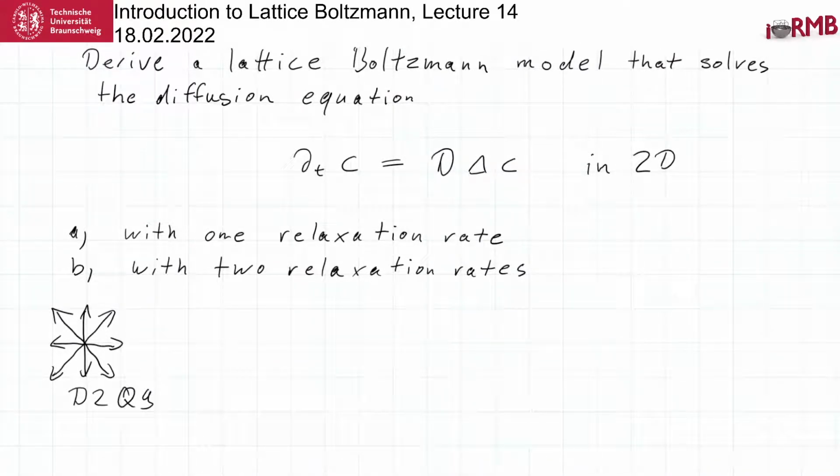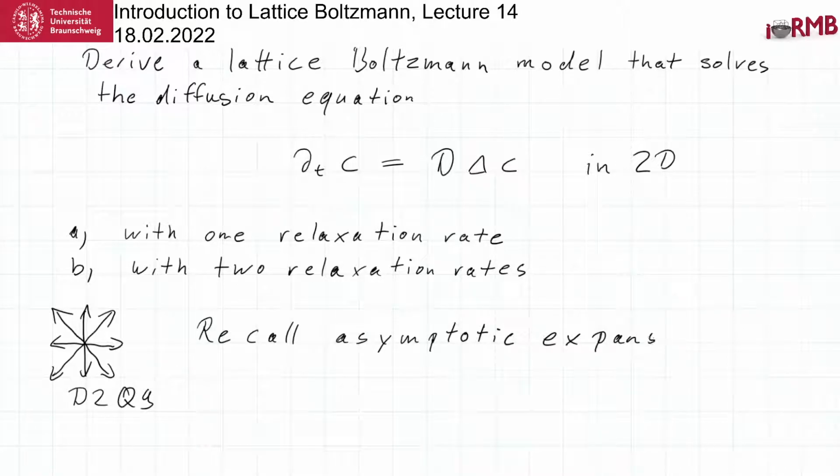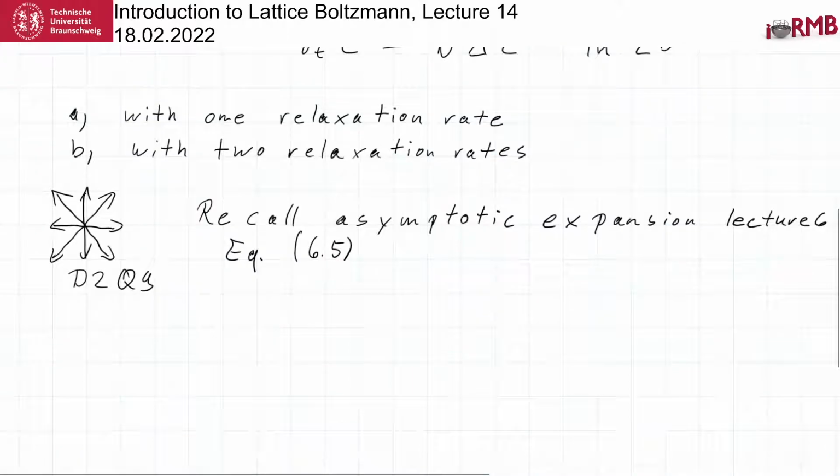And now, for deriving a model, we have to recall what we learned in lecture 6, the asymptotic expansion. In lecture 6 it was equation 6.5, which I restate here, and I'll actually give it a new number, namely 14.1, because we are going to use this.